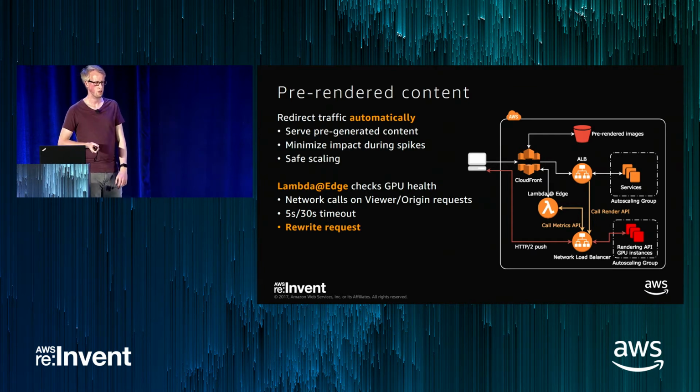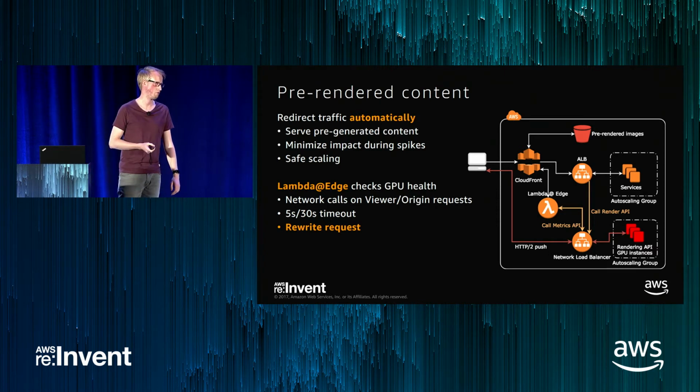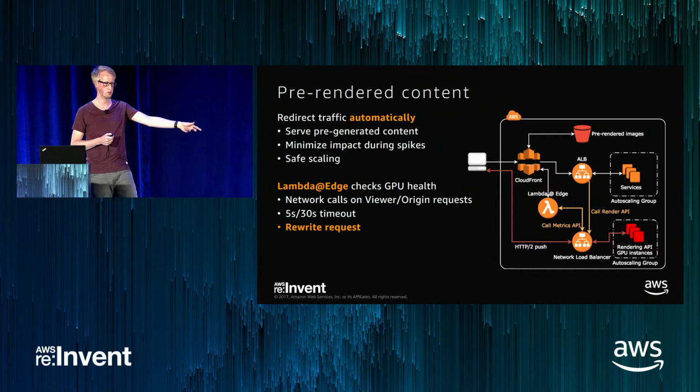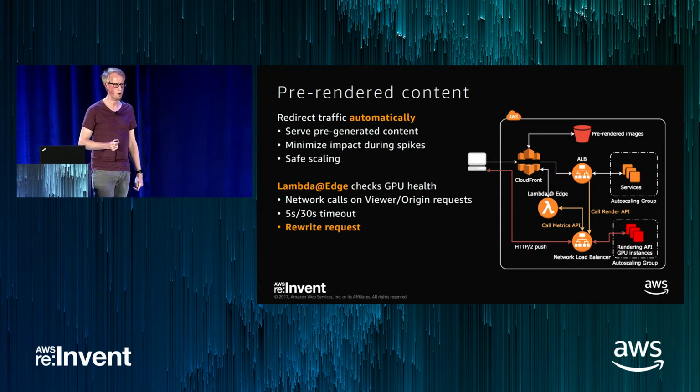10. So what we can do is, since we're already sending traffic through CloudFront, we can utilize something called Lambda at the edge. If you know that, it's an edge function, so it's a Lambda function which is called at the edge locations, so very close to the user. And we can integrate this into our architecture.